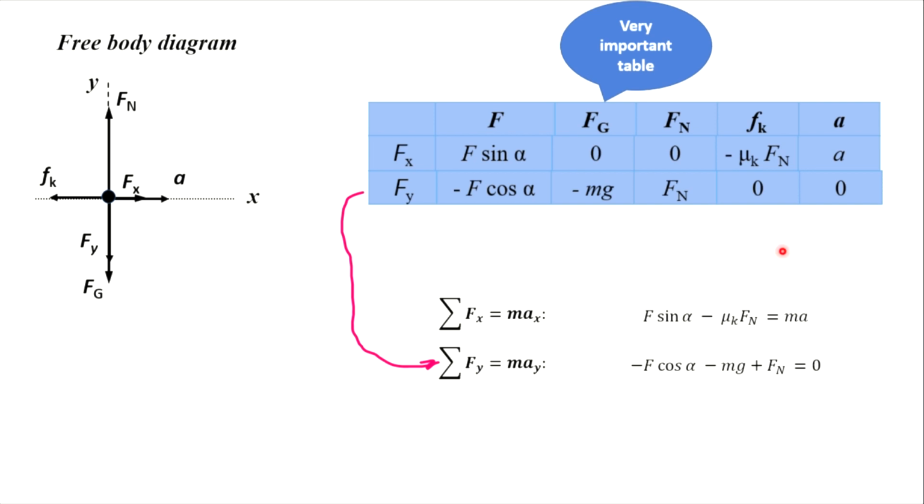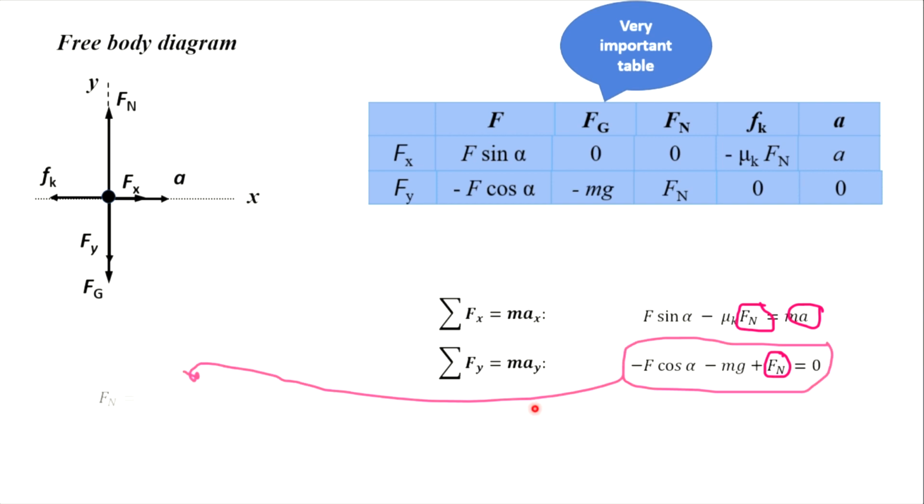Inspecting these two equations, we see that they contain two unknowns. One is the magnitude of the normal force and the other is the magnitude of acceleration. In the second equation, we have only one unknown, namely the normal force, so we can immediately find this normal force in this form.